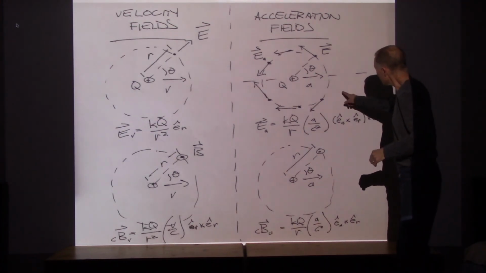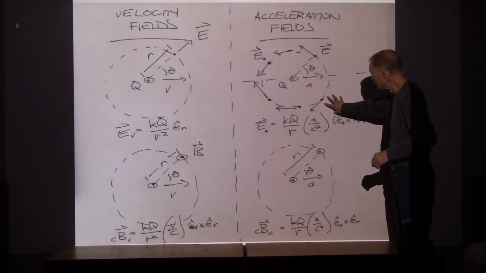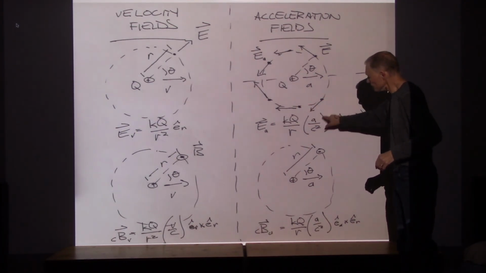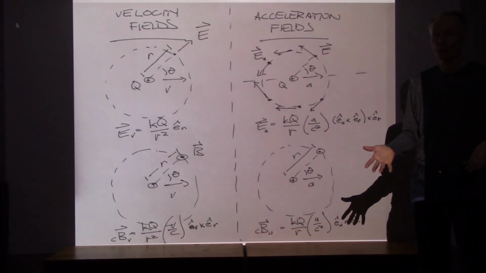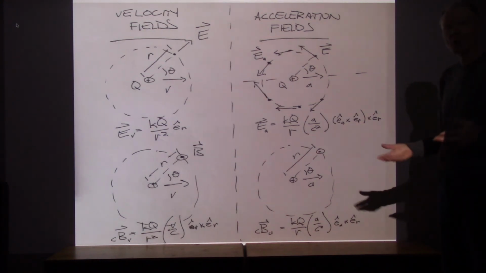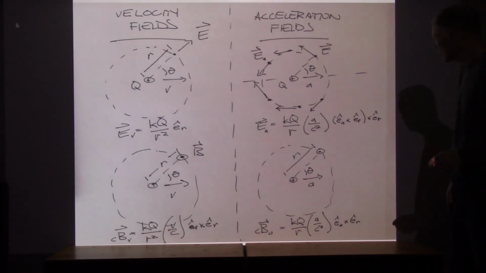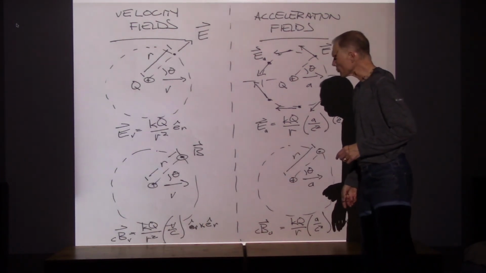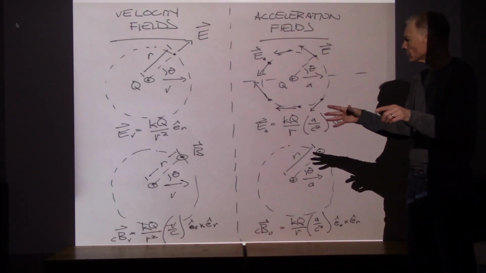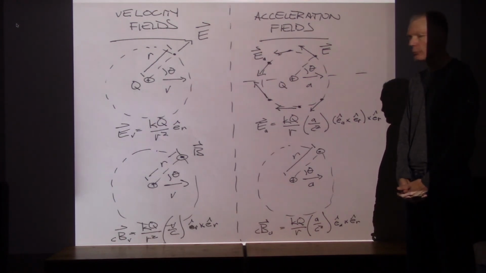Now, when we look at the formulas for the electric field and for the magnetic fields generated by accelerating charges, they're the same. They match. If you remember, we put those extra factors of c on the magnetic fields so that they would match up with the electric fields in terms of units.